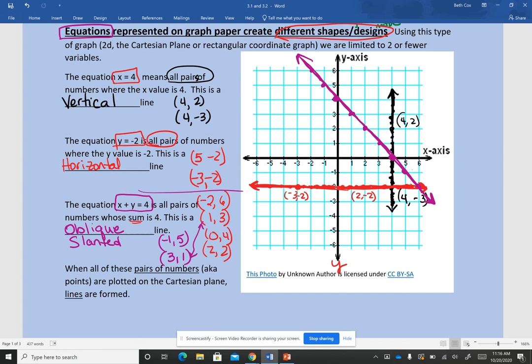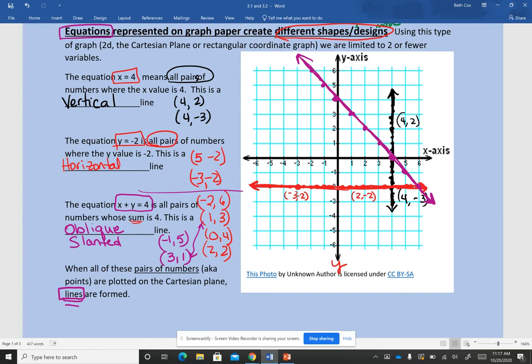Okay, and so we're going to talk only about lines. Those are the ones we're focusing on. There are other shapes that you can learn about in other lessons. There's circles, there's ovals, there's other curves, there's squiggles and stuff like that, but we're only going to focus on lines.